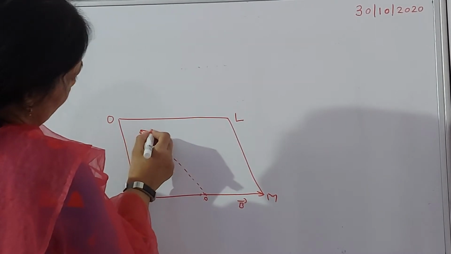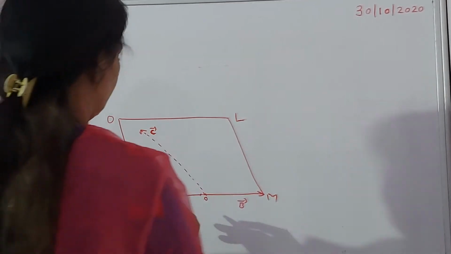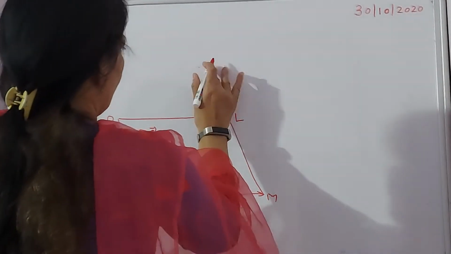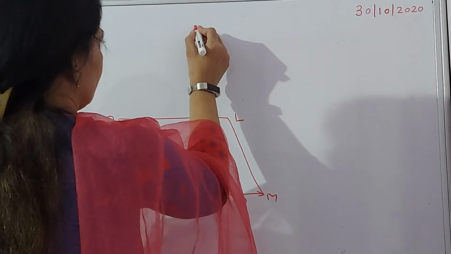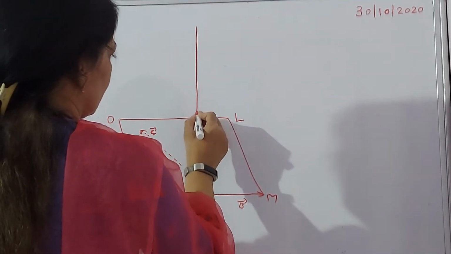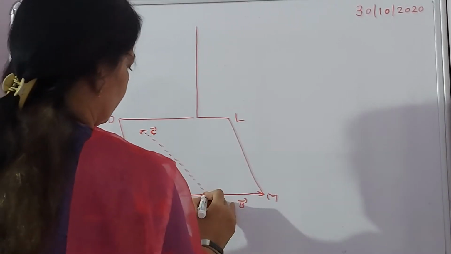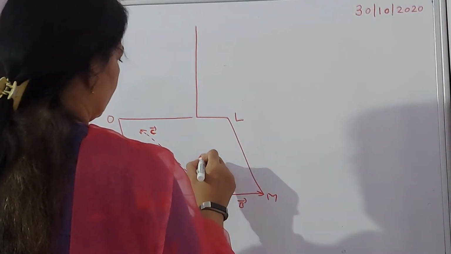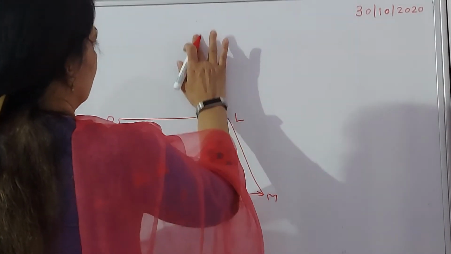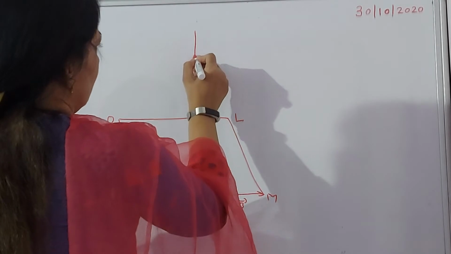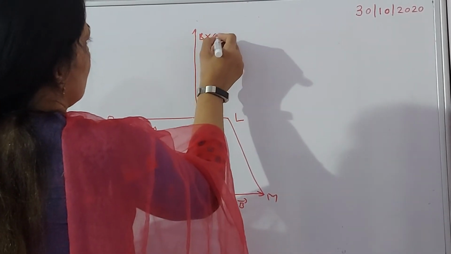So this is my vector C. This is vector B. So I am going to get my plane over here. So this part is going to give me what is called B cross C.